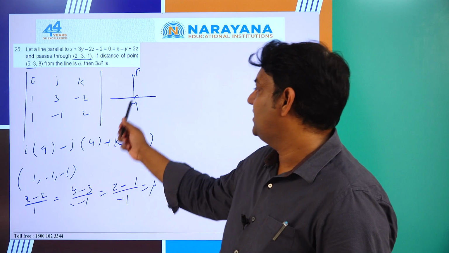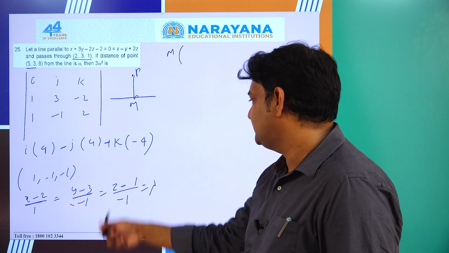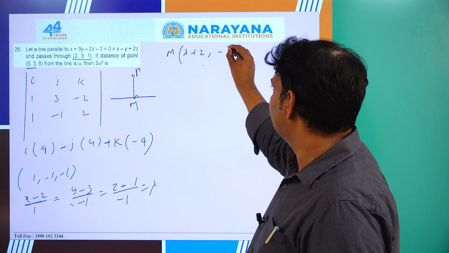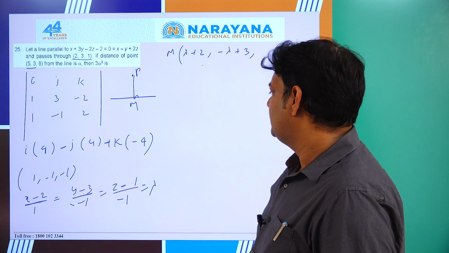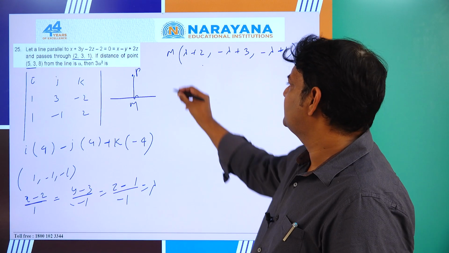So any point on the line, you will take it as lambda. So you will get the point M as (lambda + 2, -lambda + 3, -lambda + 1). What are the DRs of PM?